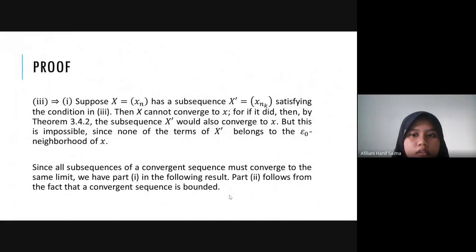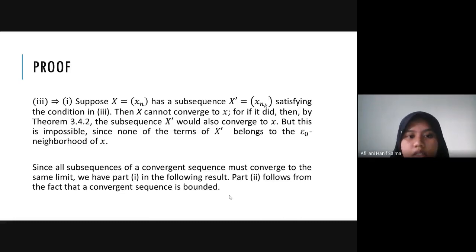And the next proof is from the third to the first. Suppose X = (x_n) has a subsequence X' = (x_{n_k}) satisfying the condition in the third. Then X cannot converge to x, for if it did, then by Theorem 3.4.2, the subsequence X' would also converge to x.